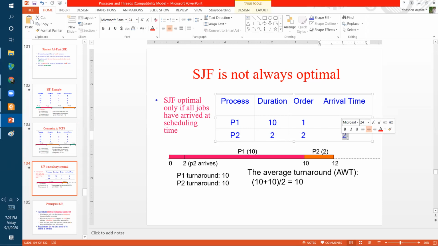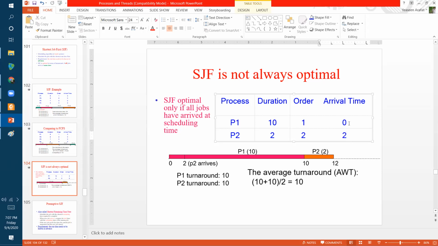Now if SJF worked here, and they came both at the same time, P2 would get the CPU first from the scheduler.